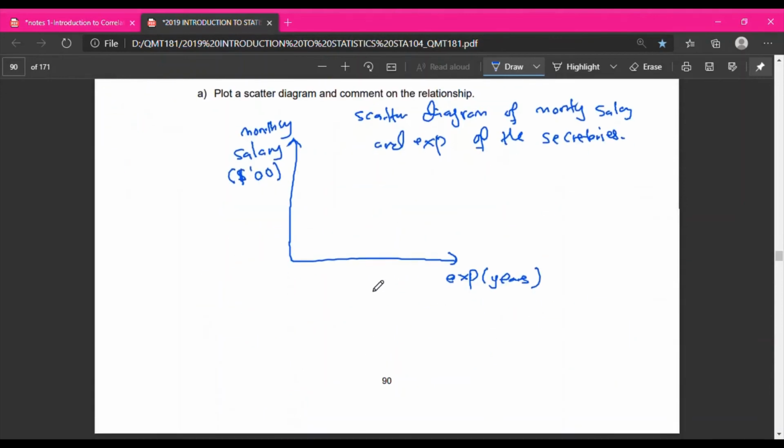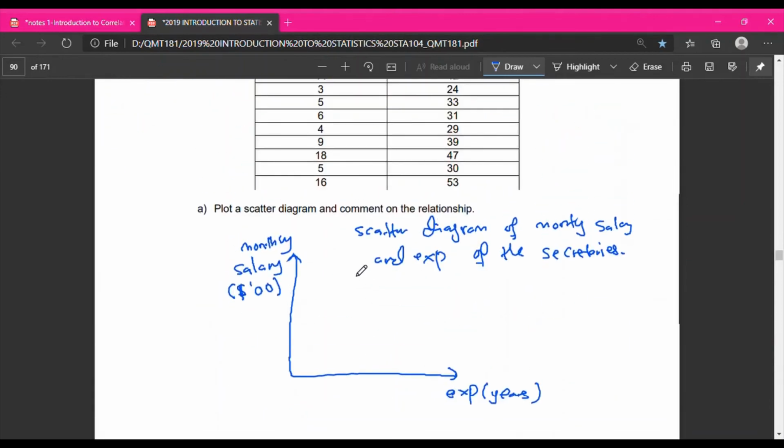Okay, then plot. Okay, try to plot the scatter diagram and see whether the diagram shows the increasing or decreasing pattern, or there is no pattern at all.